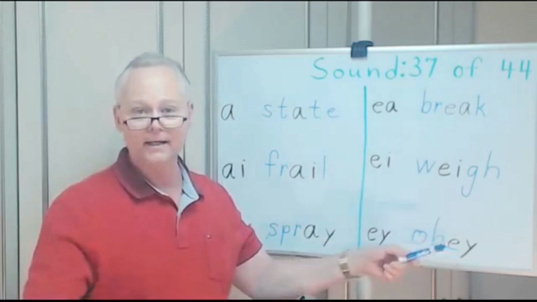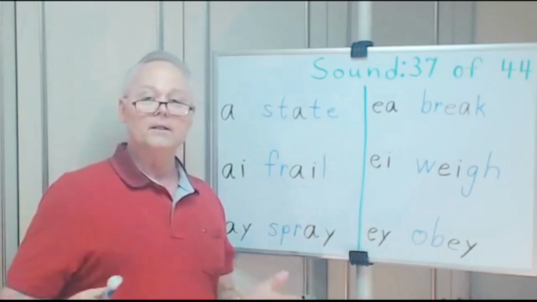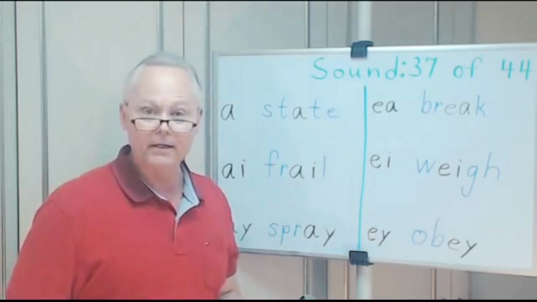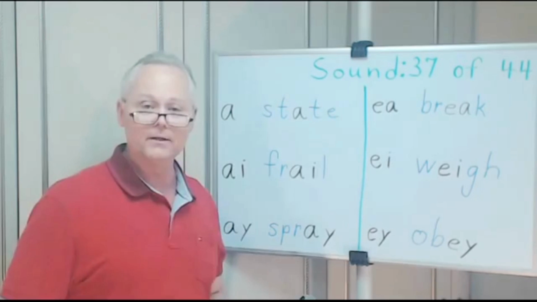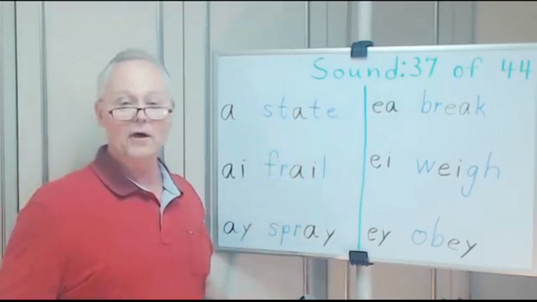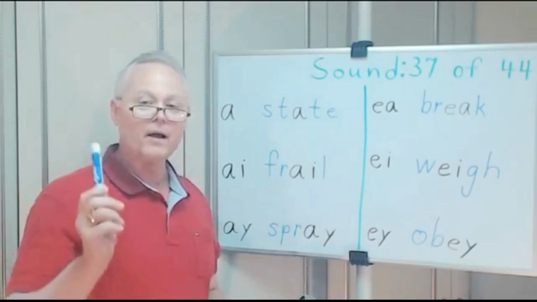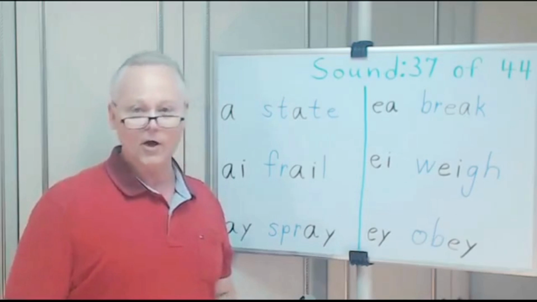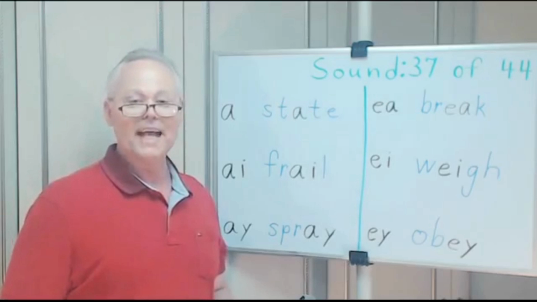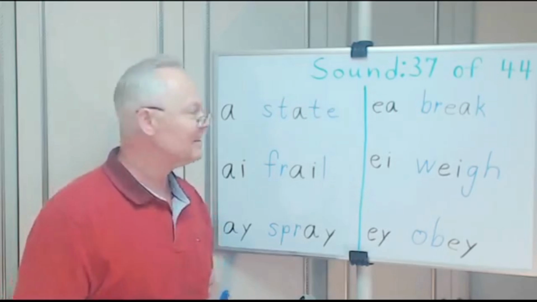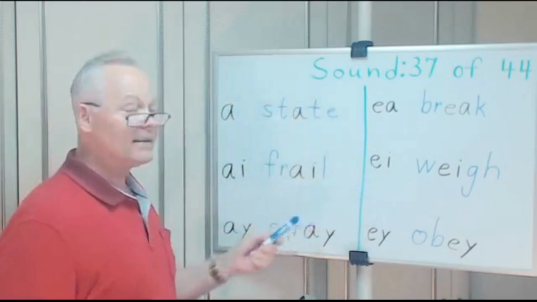A, obey. We're expected, when we're children, to obey our parents. Well, we're even expected to obey them after we grow up, right? We should obey all the traffic laws when we're driving our cars to prevent accidents. A. And that's the end of this lesson.